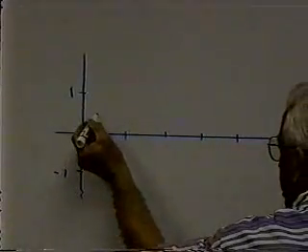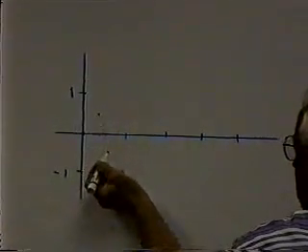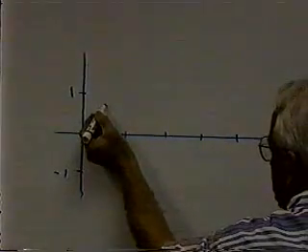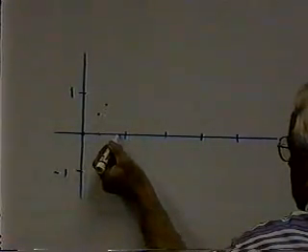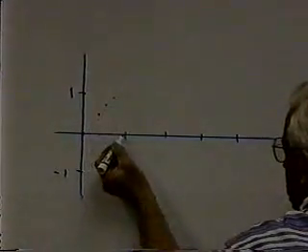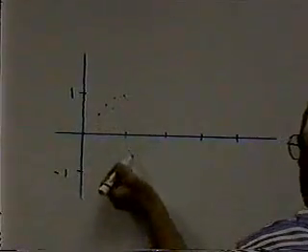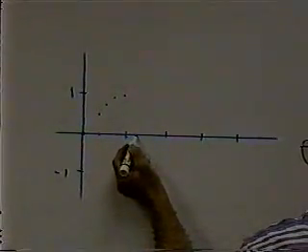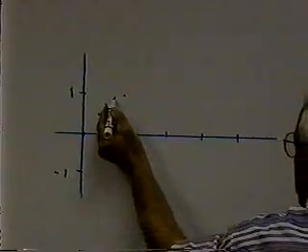Well, the sine of 30 is 1/2, so that'll be right there. Sine of 45 is 0.7, so that's about right there. Sine of 60 degrees is 0.9. Sine of 90 degrees is 1. Sine of 120 is another 30 degrees over here, back to this point.